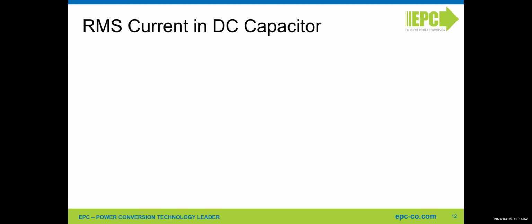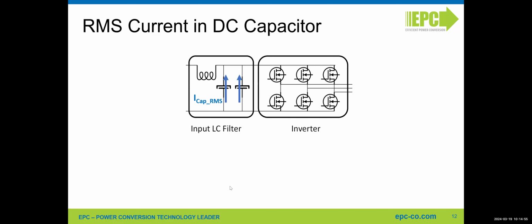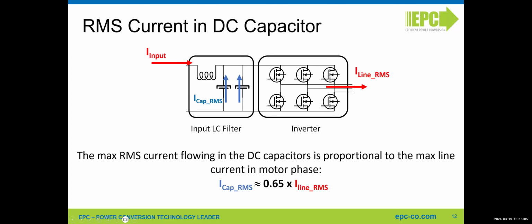When talking about capacitors, it's really important to understand that electrolytic capacitors are sized in terms of RMS current, due to the technology. A rule of thumb is that, given the maximum phase current RMS, the total RMS on the capacitance is something like 65% of it.